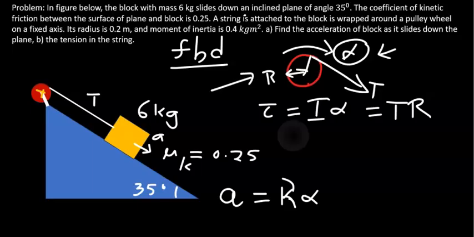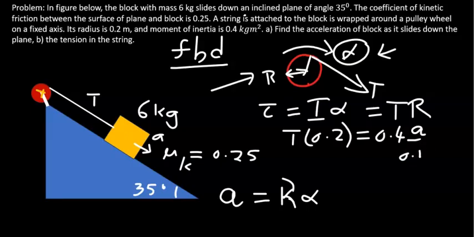So the first equation, or Newton's second law for rotation from this particular free body diagram, reads the following. Tension times the radius, which is 0.2 meter, equals moment of inertia, which is 0.4 kg meter squared, times alpha. Alpha is acceleration over radius, which is 0.2 meter.